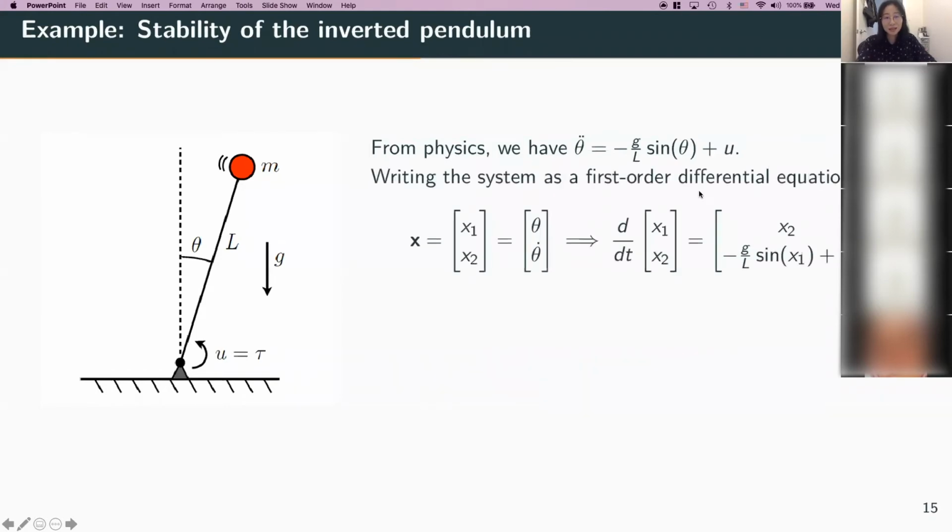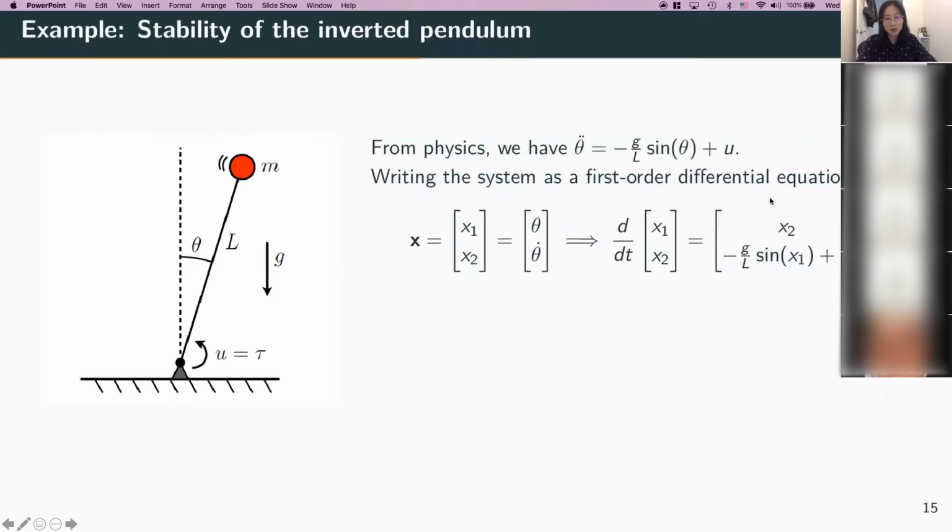Writing the system as a first order differential equation gives us a two-state system. Our first state is the angle itself, and the second state is the time derivative of theta.